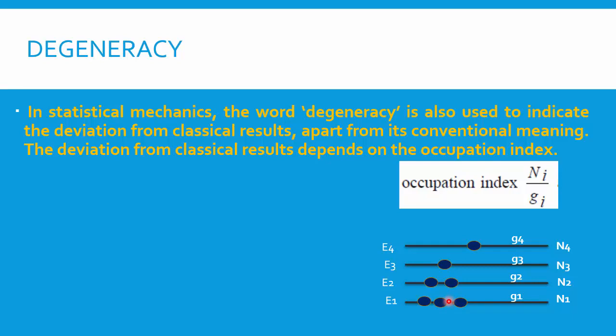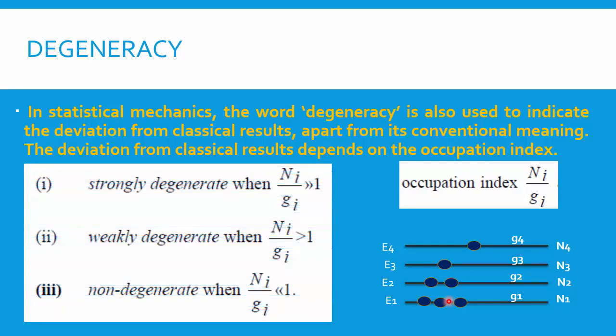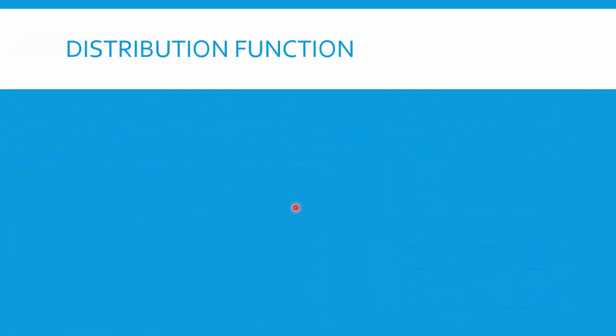From this definition you have certain conditions: strongly degenerate when the number of particles divided by the number of quantum states is much greater than 1; weakly degenerate when it is greater than 1; and non-degenerate when it is much less than 1. So based on this occupation index, we have conditions of strongly degenerate, weakly degenerate and non-degenerate states.